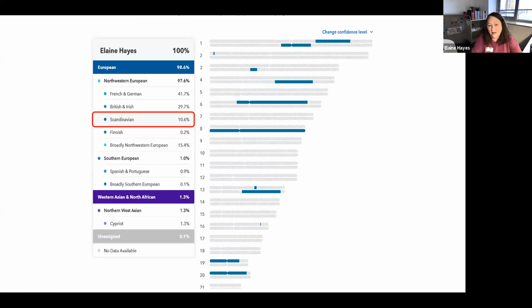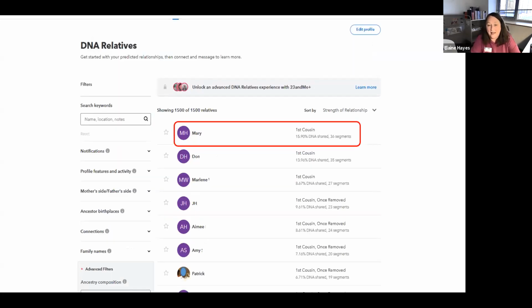For instance, if I hover over Scandinavian, it shows me where my segments of DNA that are Scandinavian are. I think this is really interesting because chromosome number 8 looks like it's all Scandinavian, which is kind of strange. Maybe not as much mixing happened on that chromosome as I would think.